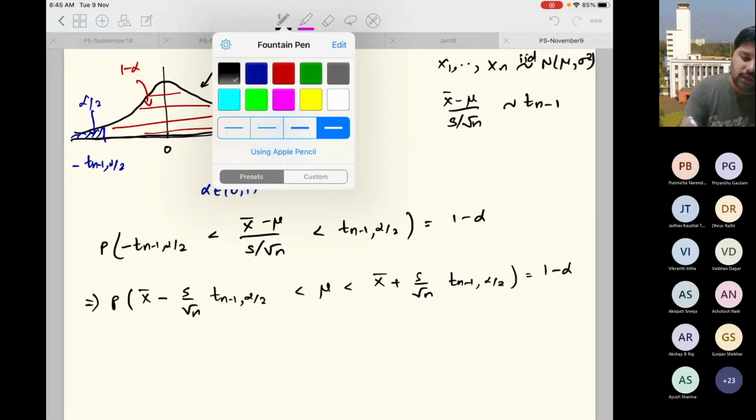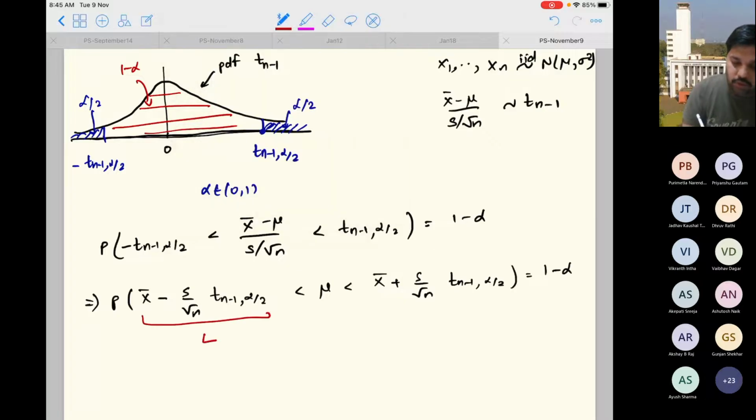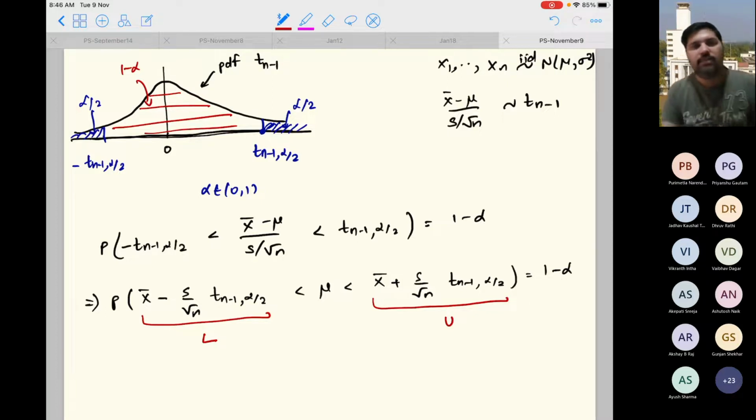This particular term here is the lower bound. This particular term here is the upper bound. Both lower and upper bounds are calculable from data. Why? Because from data you will be able to compute x bar and s. You know the size of the sample n, and you know that this percent point, the real number T_{n-1, alpha/2}, can be found from the tables, right?